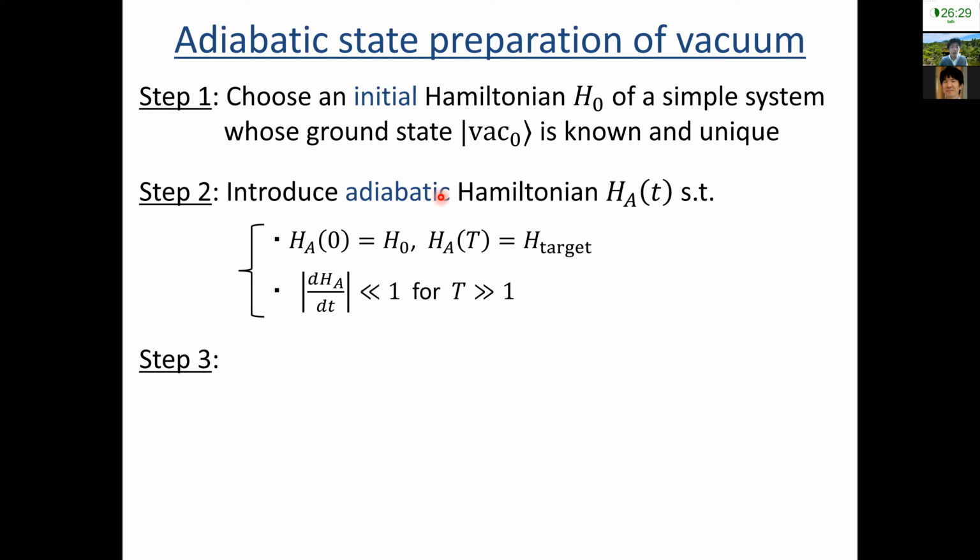Then we introduce an adiabatic Hamiltonian, which connects the initial Hamiltonian and the target Hamiltonian. So we have the target Hamiltonian at the final time, and it should be slowly varying when the parameter is very, very large.